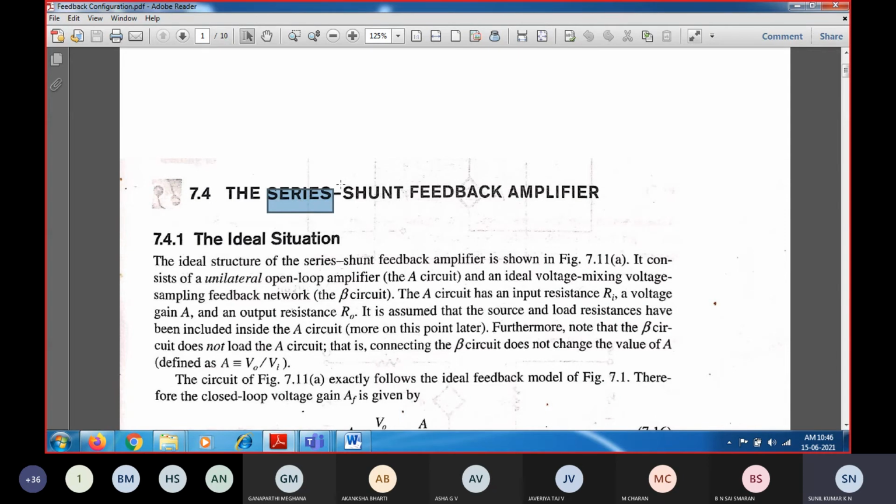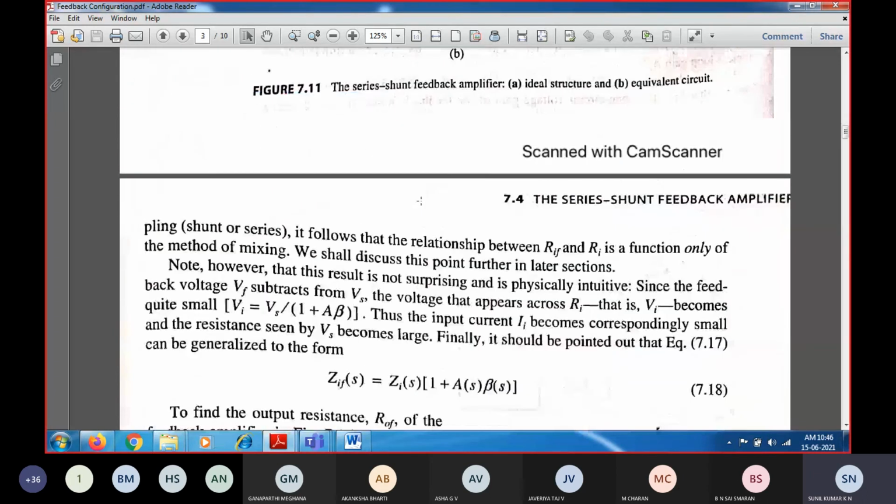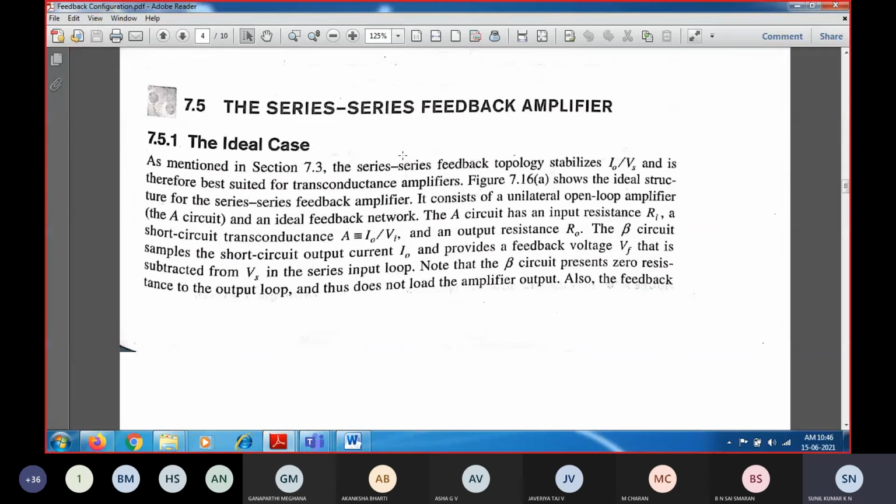Output is of shunt type, so the output resistance in this case is reduced by a factor of 1 plus A beta. The same thing I will show in the next one also. Series shunt configuration means input resistance is increased by a factor of 1 plus A beta. Shunt at the output side determines the output; when you are asked to derive, at that time, in your mindset, series means the expression should have Rif equal to Ri into 1 plus A beta.